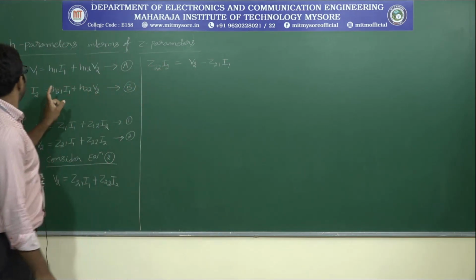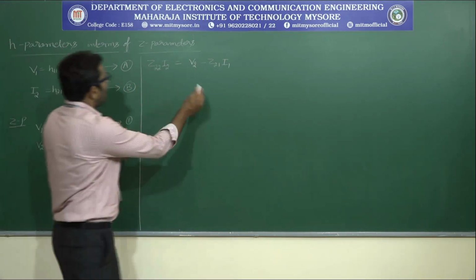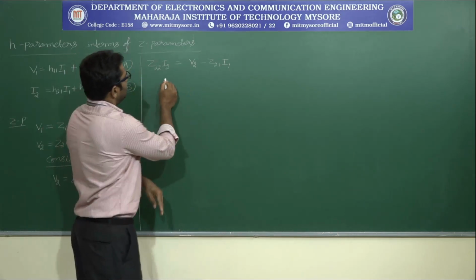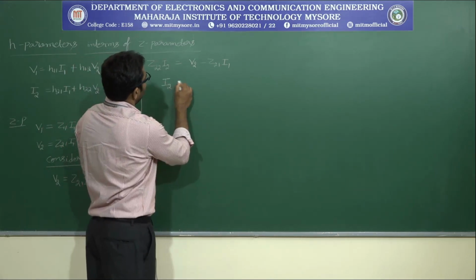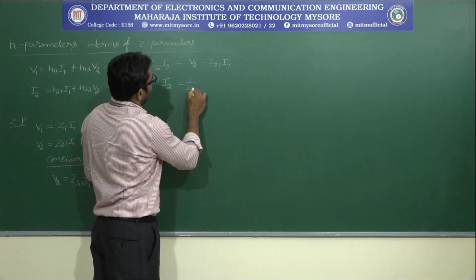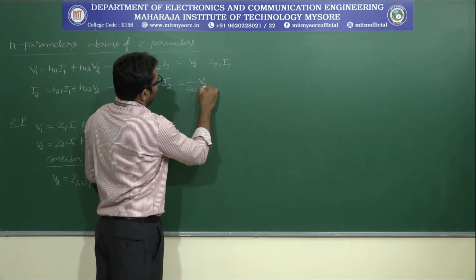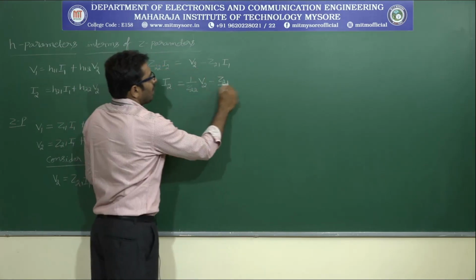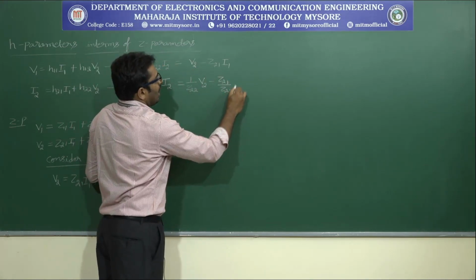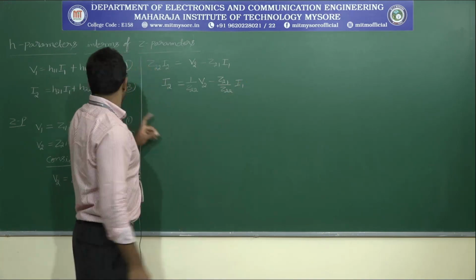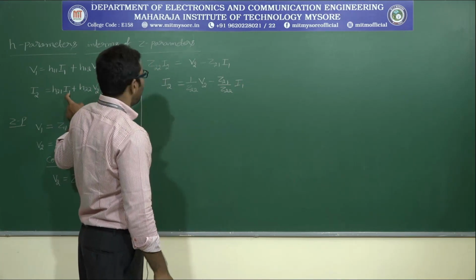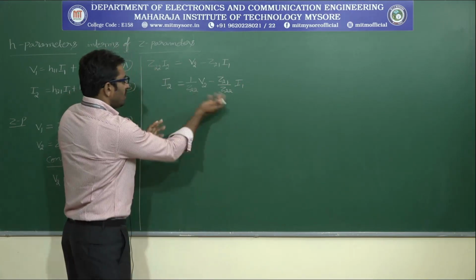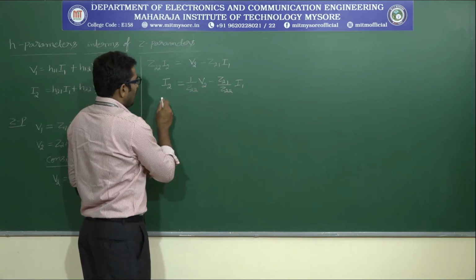Now, what is I2? I2 is equal to 1 by Z22 V2 minus Z21 divided by Z22 I1. But what is the order of the variables? I1 first, next V2. Just interchange these two terms.